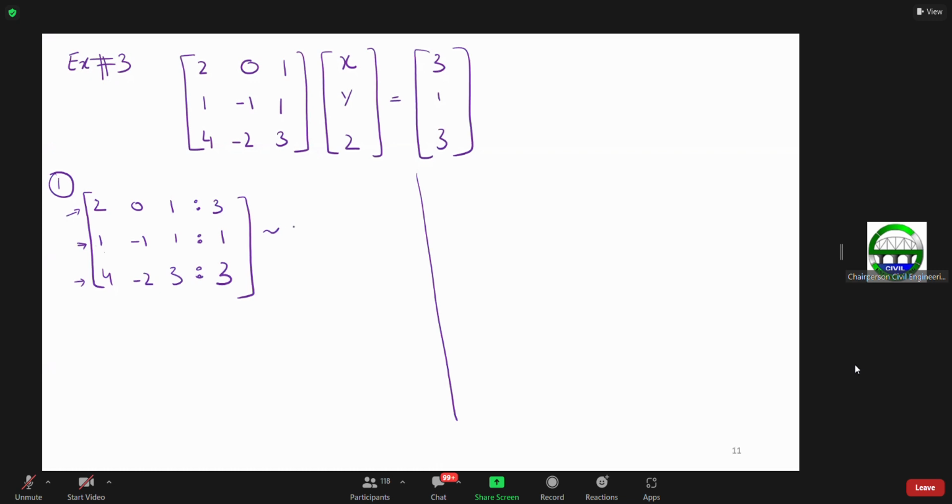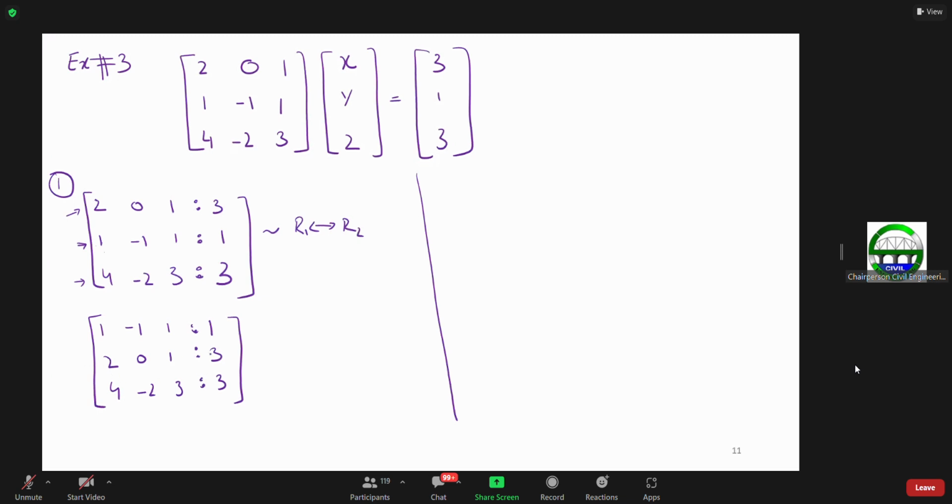For example, I will just change R1 and R2. Let's change R1 and R2, right? So my matrix will be 1 minus 1, 1, 1, 2, 0, 1, 3, and 4 minus 2, 3, and 3. Right? I just interchanged it. So now it will be easy for me.